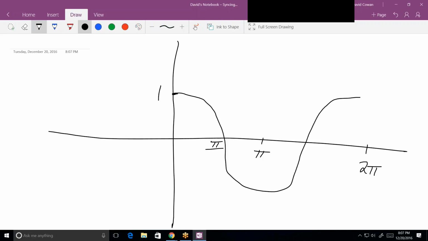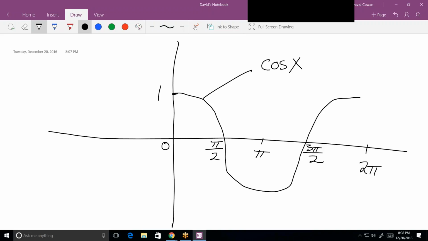And part of the trick with trig is to divide up your curve into its quarter points. Notice that I've got 4 quarter points. Actually 5. The first one is its starting value. So the cosine of 0 is 1.